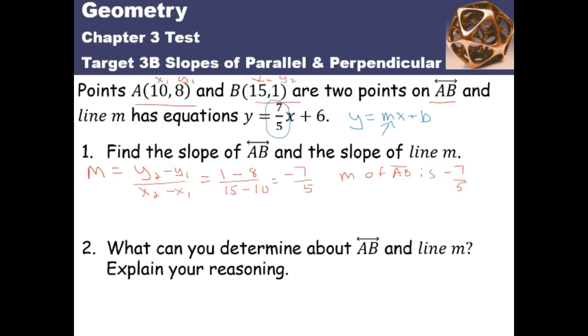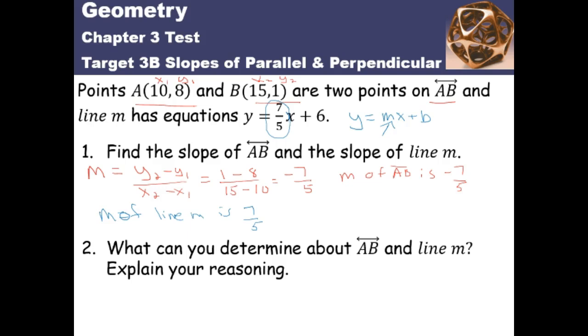That means the slope of that line is 7/5. And actually, let me write it this way. The slope of line M is 7/5. Okay, so that's question 1.